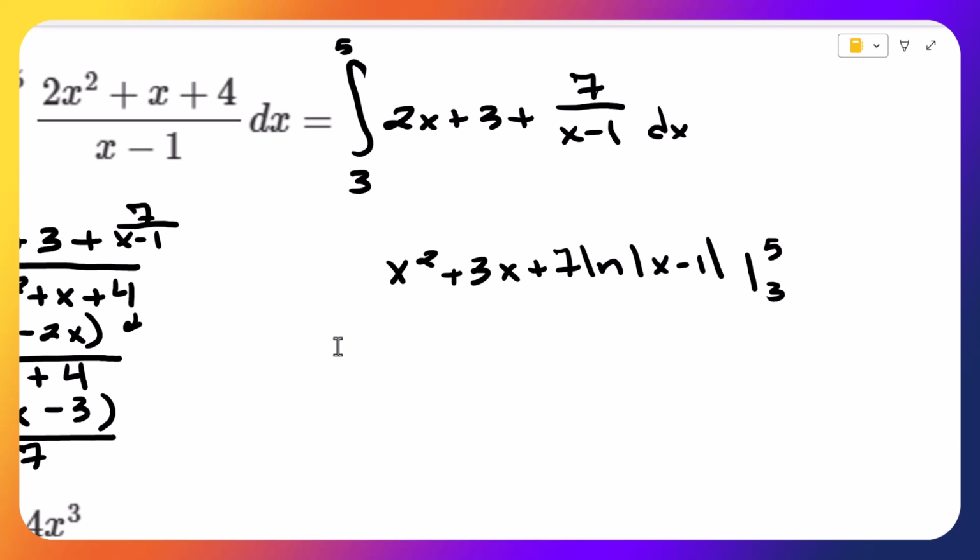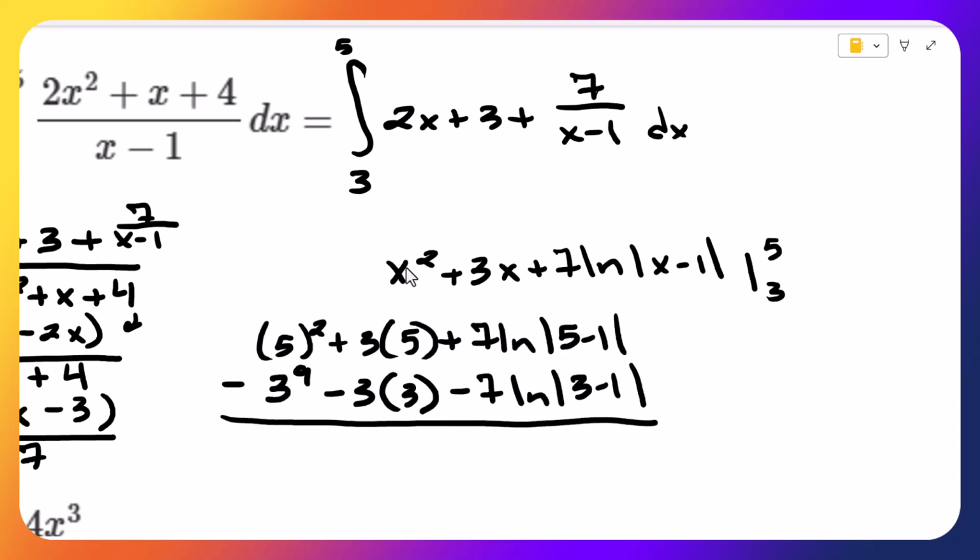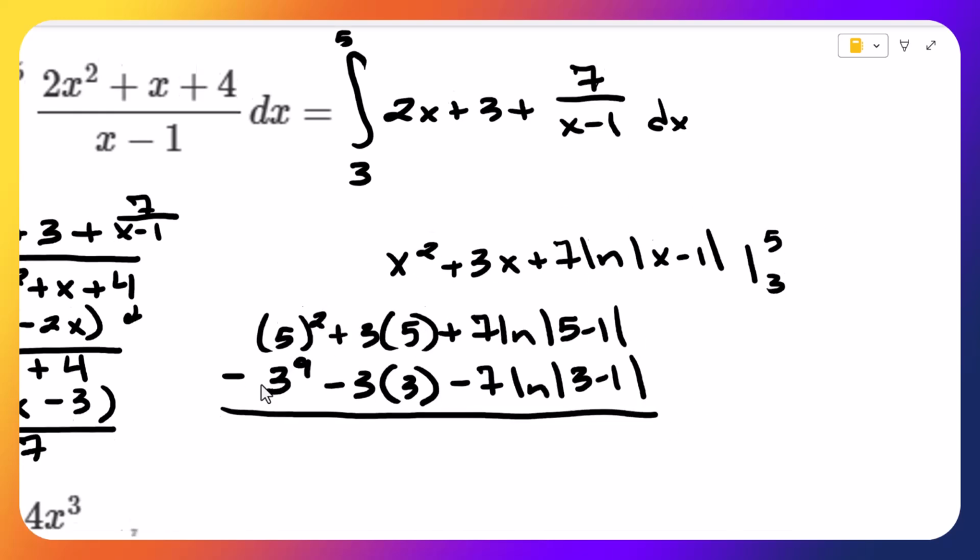And I sort of wrote it in a weird way, just because I was running out of space more than anything else, and it would be a really long line. But we are substituting 5 in, minus substituting 3 in.